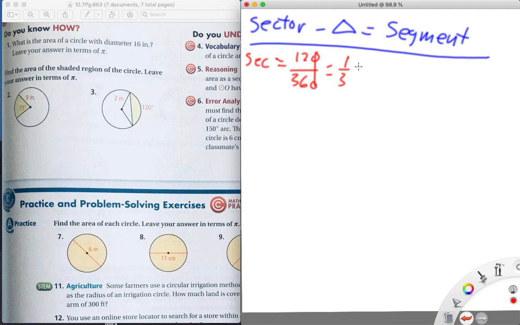The radius is 2, so pi 2 squared, which is 4, so it's going to be 4/3 pi. So that's our sector. Again, they said they want you to leave your answers in terms of pi, so that's 4/3 pi.